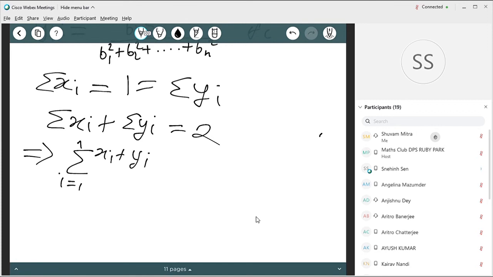You can take the yi's inside for each i and write it as equal to 1. Correct? We can do this, right? Whatever I wrote makes sense to all of you, right?